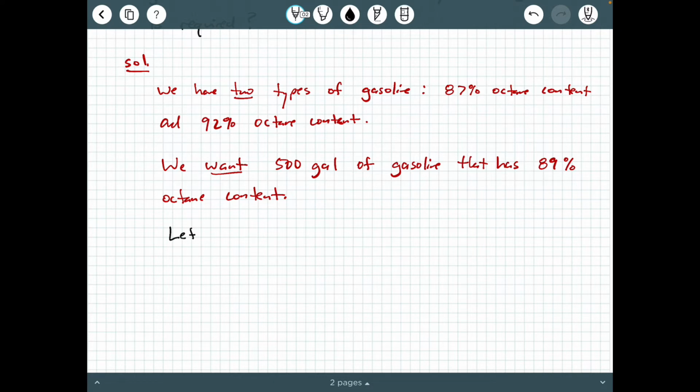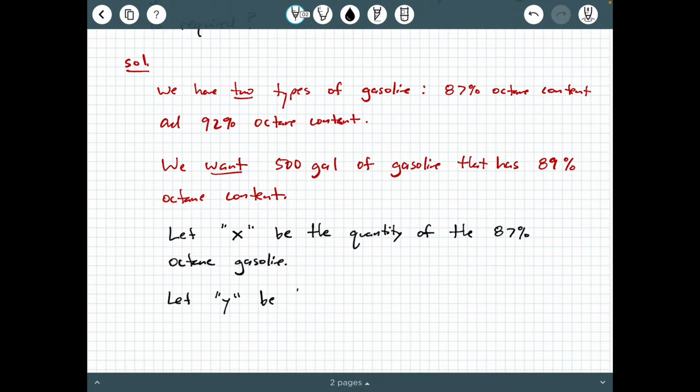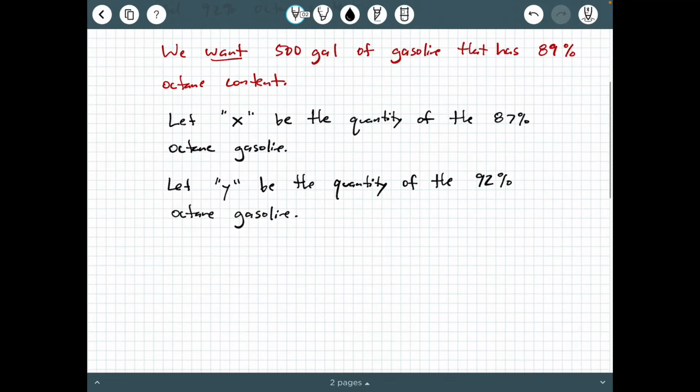So we're going to say, let X be the quantity of the 87% octane gasoline, and then we're going to say let Y be the quantity of the 92% octane gasoline. Okay, so we've defined our variables.